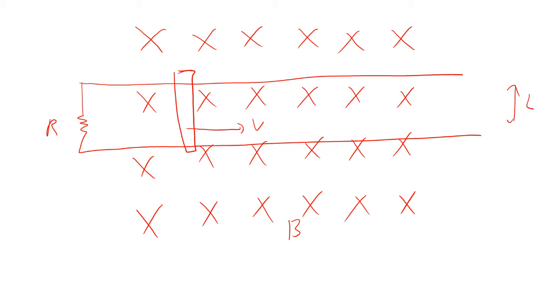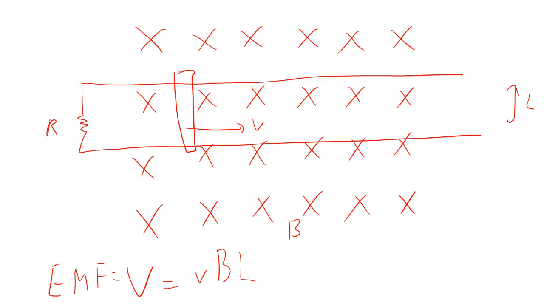What we know is that for this particular configuration, there's going to be an EMF in there. The voltage, that's our EMF, is going to be equal to vBL, where little v is the velocity.